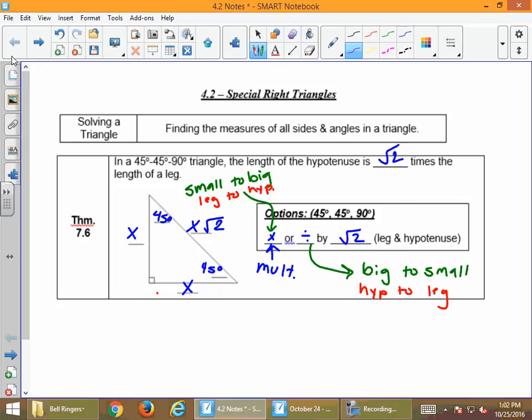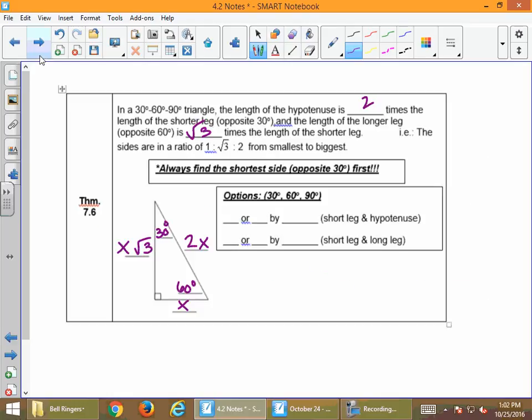And what am I multiplying or dividing by? So here, again, you're either going to multiply or divide by 2 when you're dealing with the hypotenuse. 2 is always associated with the hypotenuse in the 30, 60, 90. And you're either going to multiply or divide by radical 3 if you're dealing with the long leg.